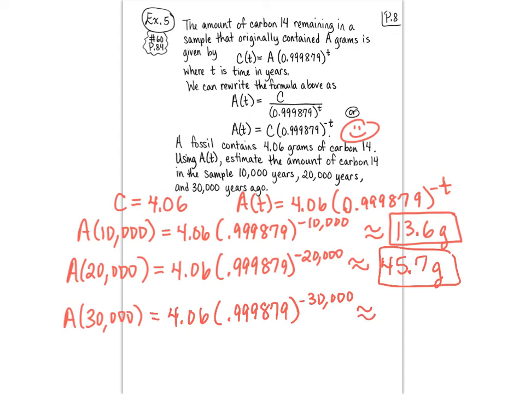And that is approximately, once you enter it into your calculators, you should pause your videos and try these for yourself, of course. And once you do, you should get 153 grams. Okay, awesome. So that tells us that the amount of carbon-14 in the sample of 4.06 grams of carbon-14 after 30,000 years is 153 grams.